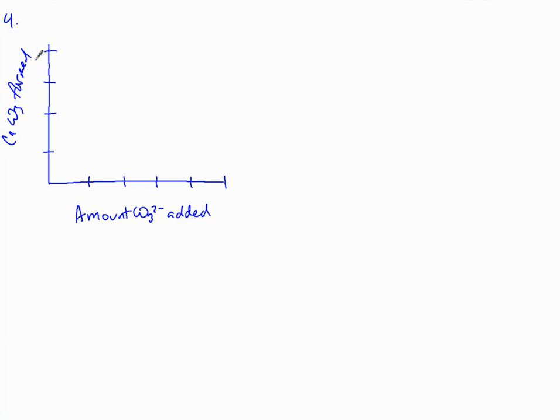In the first scenario, I'm going to say these go by 2s, really. Everything went by 2s. So when we added 2 millimoles of carbonate ions, we ended up with 2 millimoles of this calcium carbonate product.